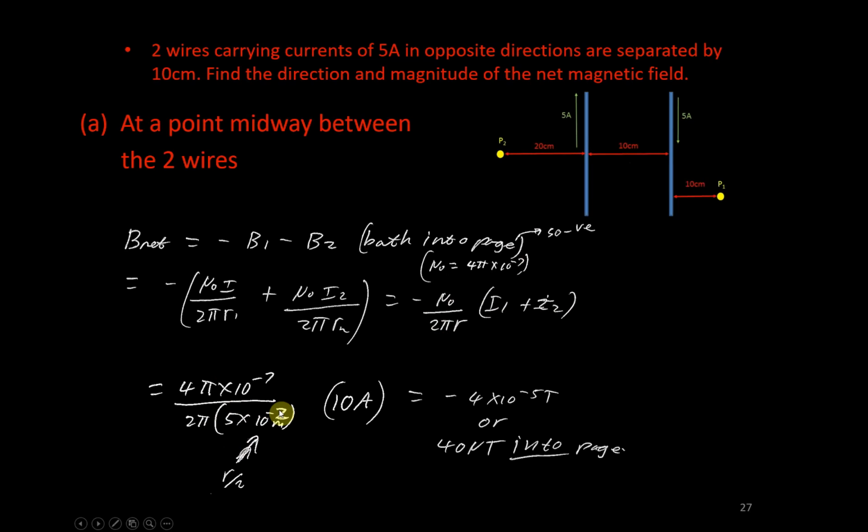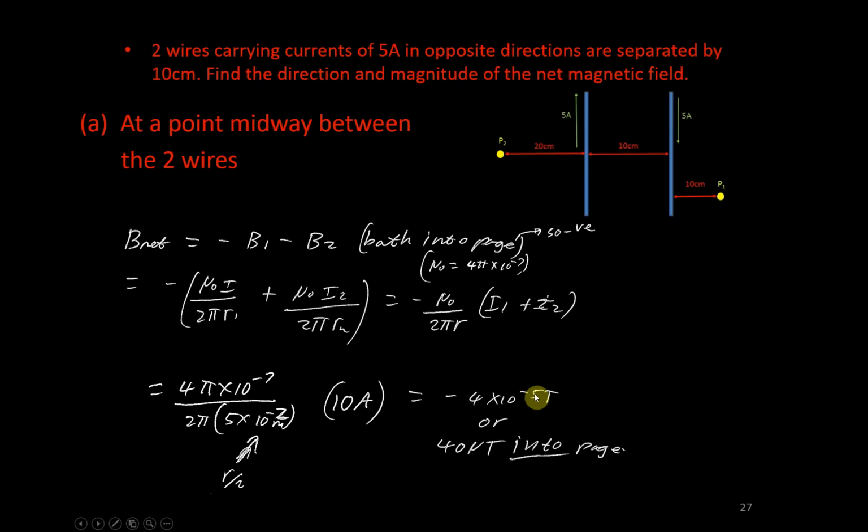So r here is 5 times 10 to the minus 2. So 2 pi, 5 times 10 to the minus 2, that's our distance of interest here between the two wires, times 10 amps, because this is I1 plus I2, 5 amps plus 5 amps.